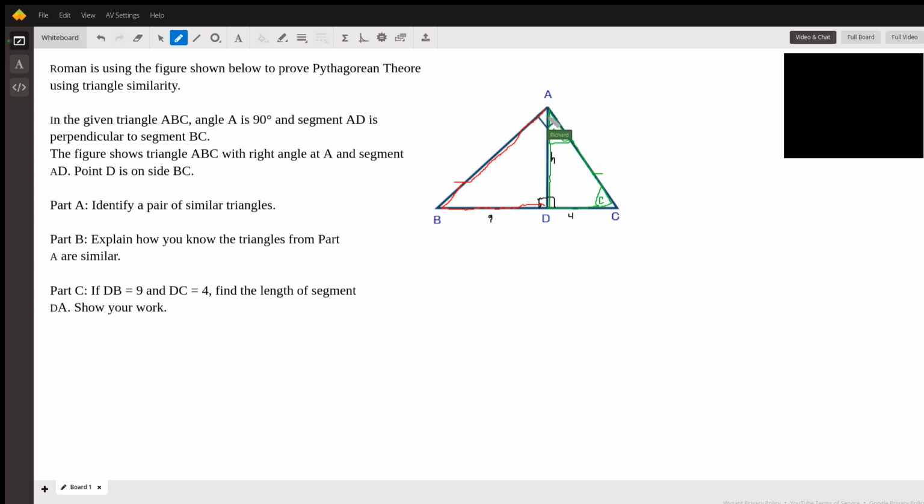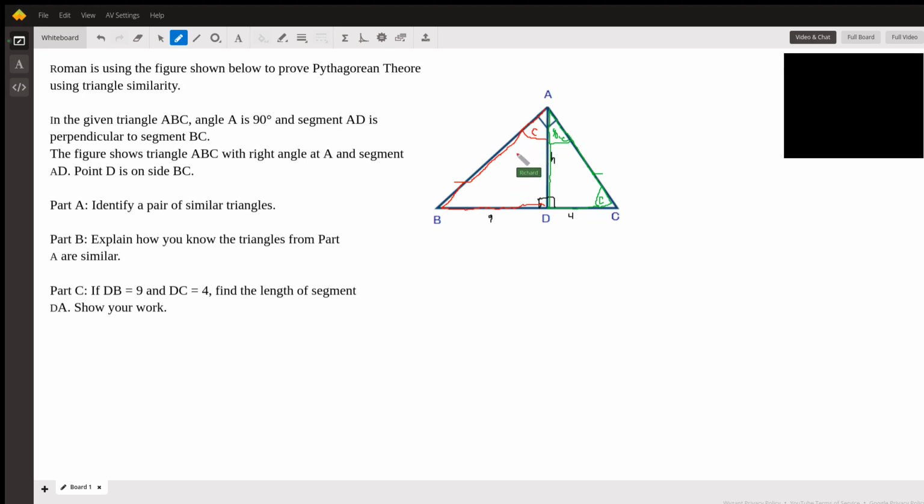Now, because this is a right angle here at the top, A is a 90-degree angle, this has to be C in here. This angle here has to be C, doesn't it? Actually I should put that in red. Because these two angles have to add up to 90.